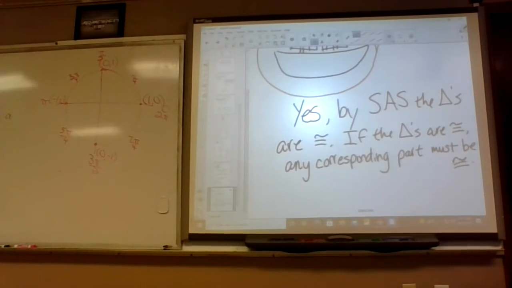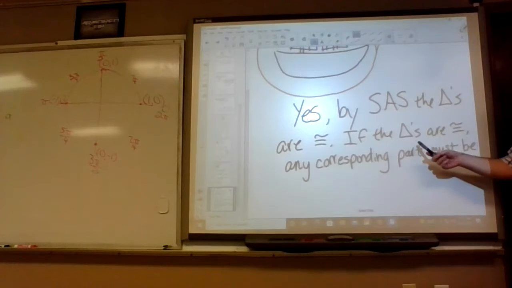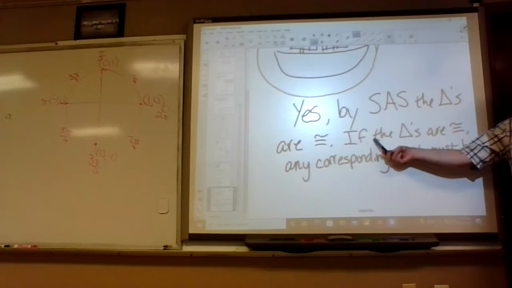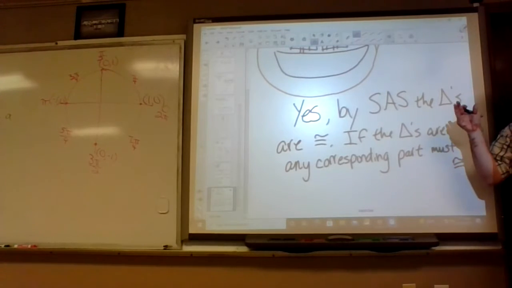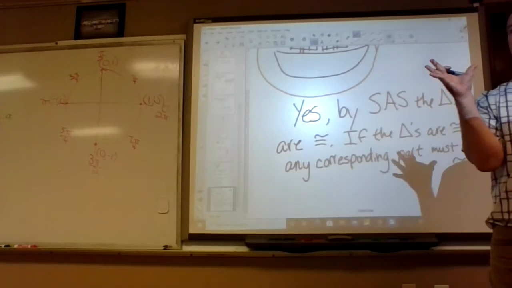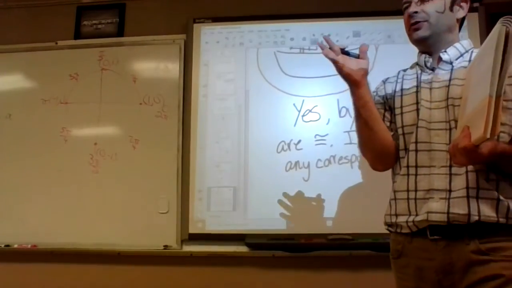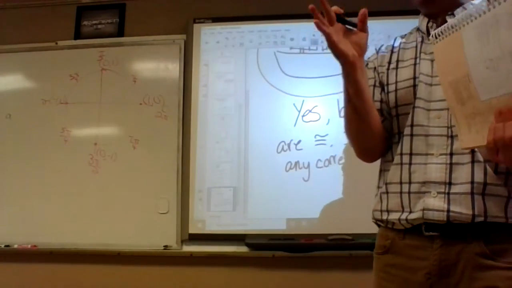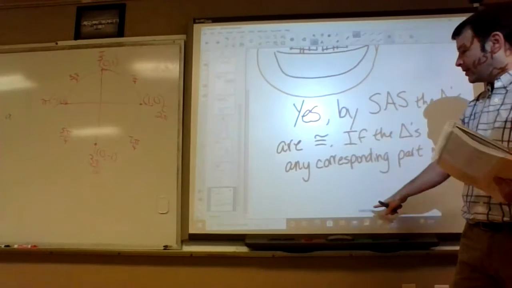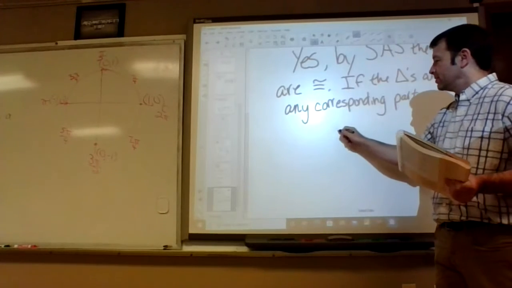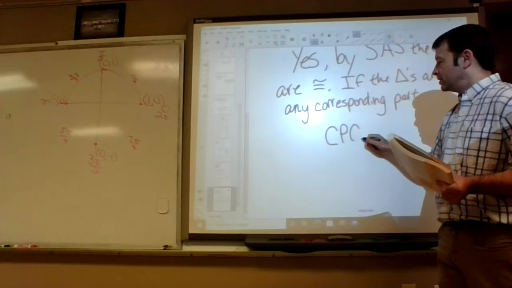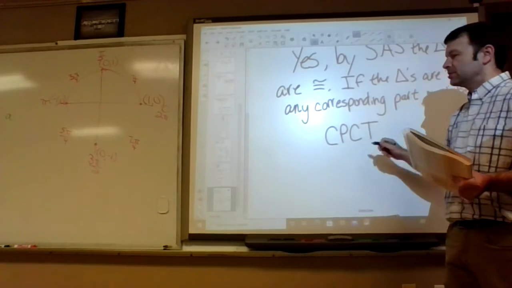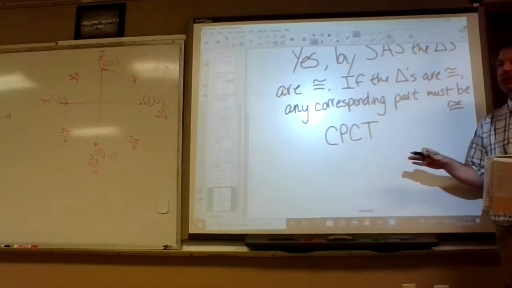In the future, when we need this line for a proof, we're not going to write the whole sentence like this. Basically, the sentence is corresponding parts of congruent triangles have to be congruent. But instead of writing all that, we're going to write this: corresponding parts of congruent triangles congruent.